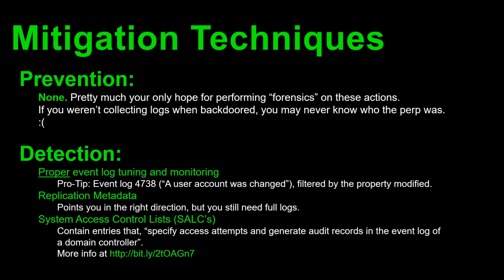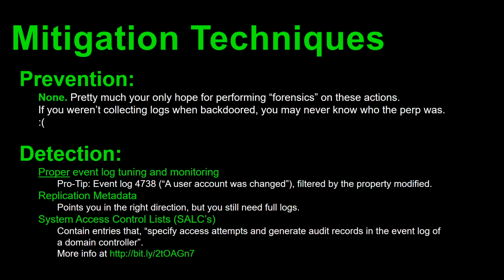Event ID 4738, a user account was changed, making sure that events change within corresponding policies within your enterprise, right? Replication of metadata, making sure that your AD is actually replicating properly. And trust me when I say that's also an indicator of other types of attacks that we'll talk about later. So AD replication is important.